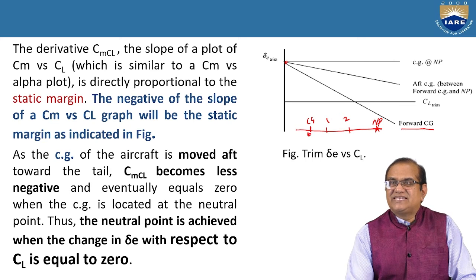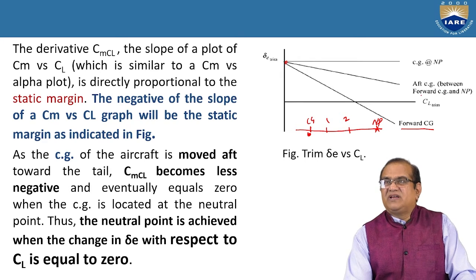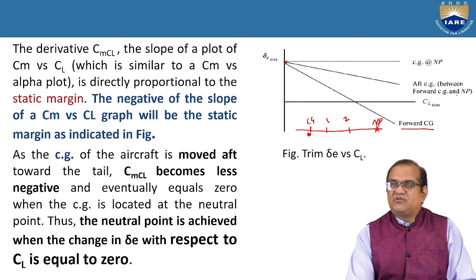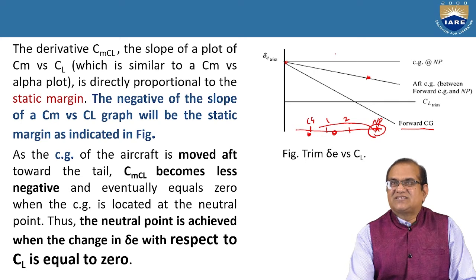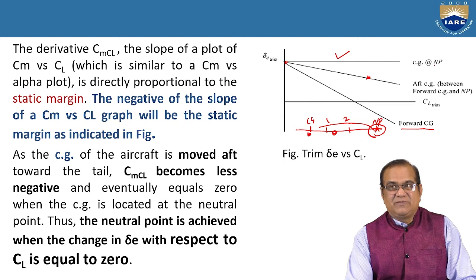As in this case, for the CG between forward CG and the neutral point, somewhere here in this plot. And if this CG has reached the neutral point, then you will get a straight line, and this shows that CG is at the NP.